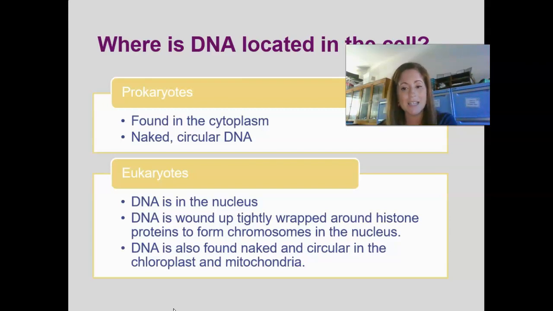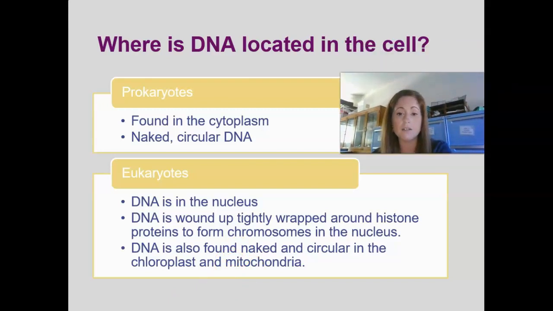That DNA is naked and circular. We'll look at a picture of that in a minute, but because it's naked, it doesn't form chromosomes in the same way that we might find in eukaryotes. Also due to that, it loses a lot of functionality that we have in eukaryotes in terms of turning on and off genes, which we'll talk about in another video about gene expression.